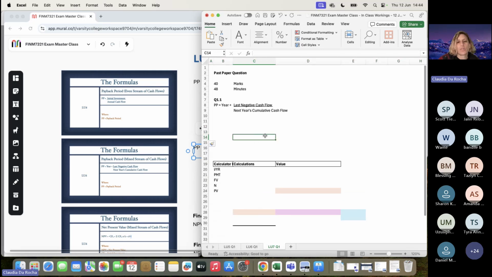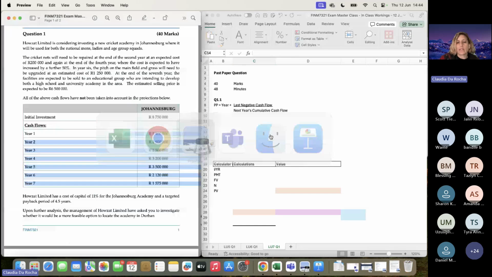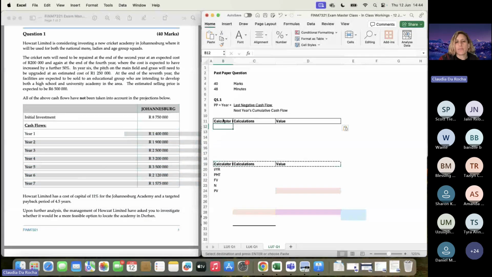So we're going to create a little table for us.